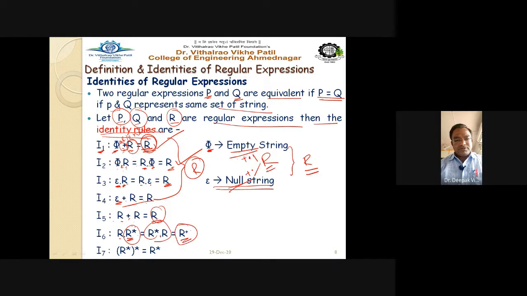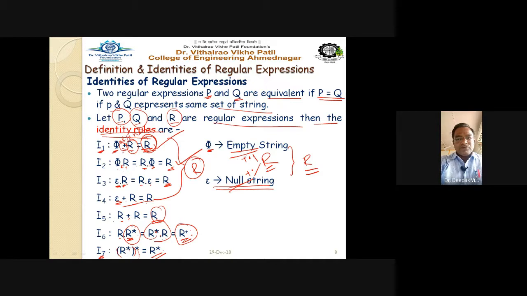Why? Because R dot R star is equal to R plus, right? Then the seventh identity is that R star raised to star, meaning closure of R closure, is equivalent to R closure.